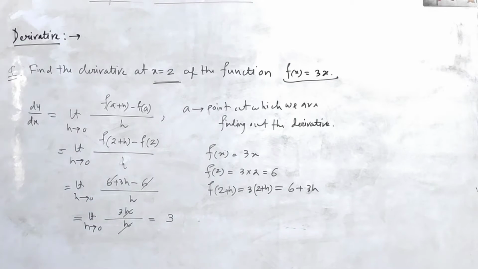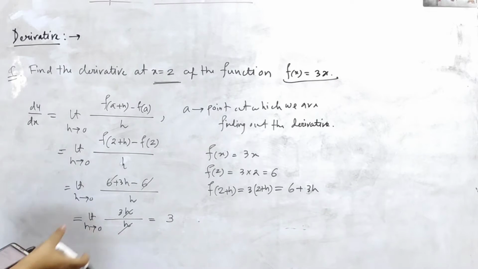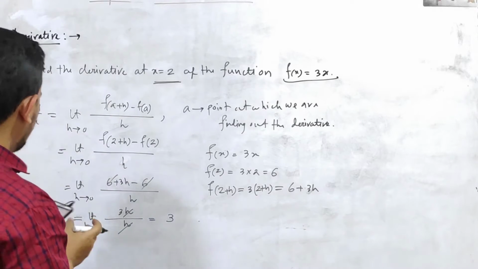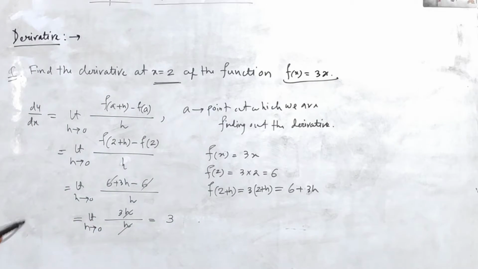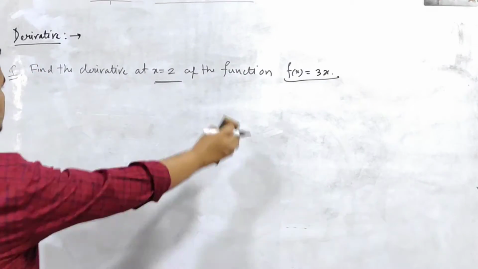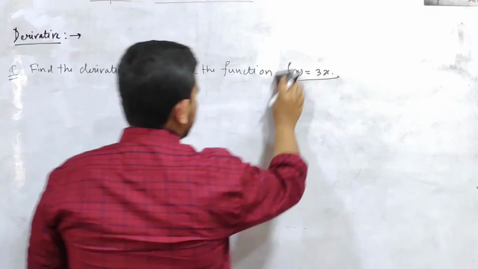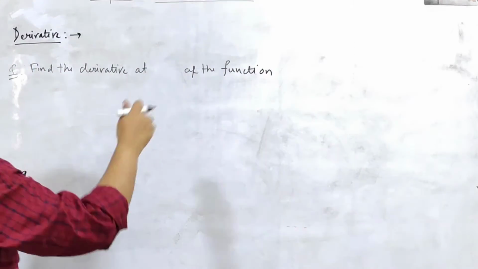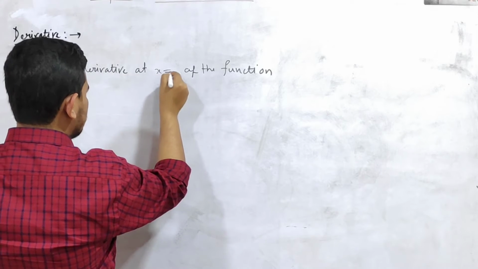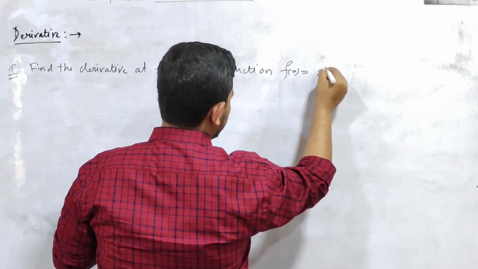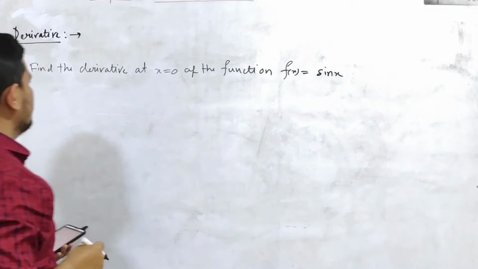So this is a simple example, from which you can also understand the theory of derivative and what the meaning of derivative is. So now again you can try another problem of a similar nature. Here I am going to determine the derivative of a function; these two will vary every time. So find the derivative at x equal to 0 of the function f(x) equal to sin x.